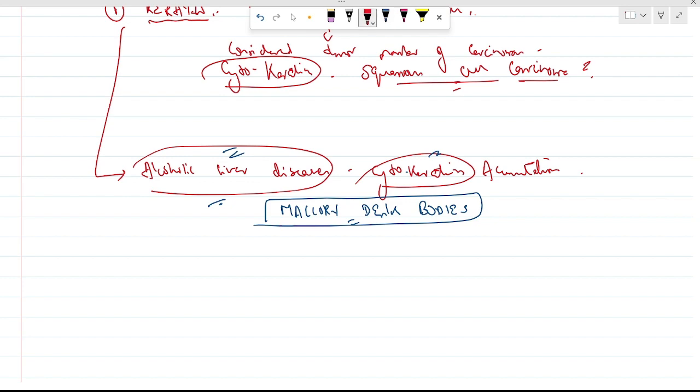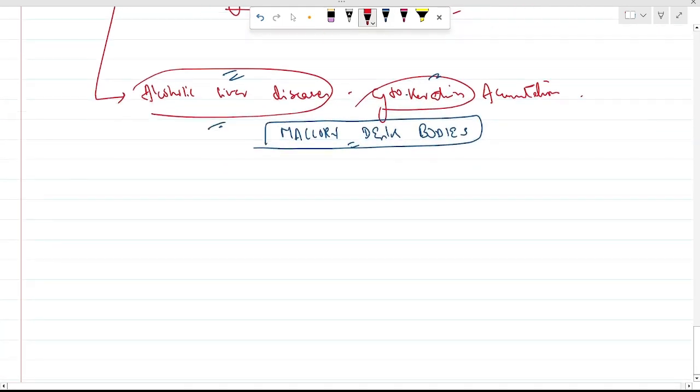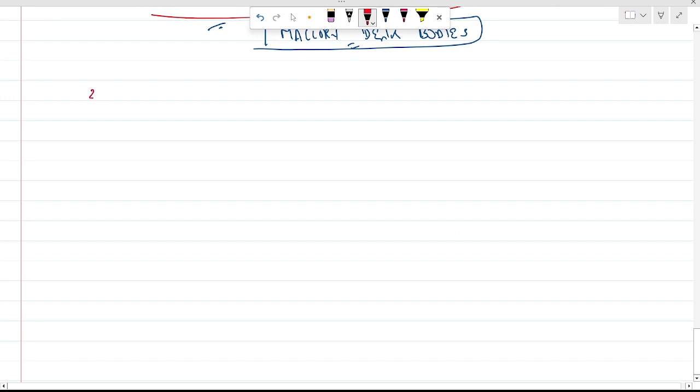The next intermediate filament we are going to discuss is desmin. This desmin protein is present in muscles.